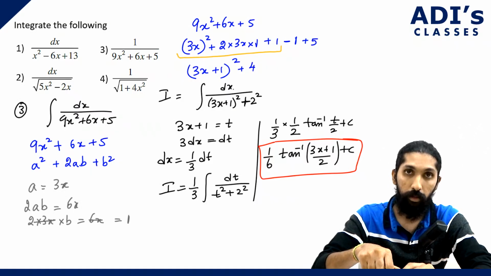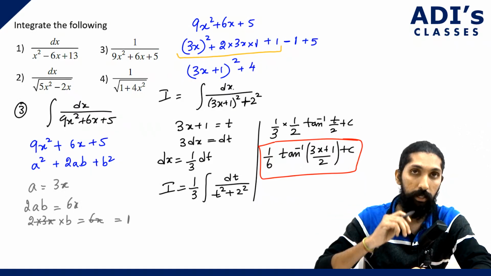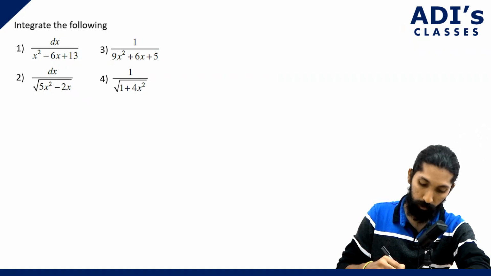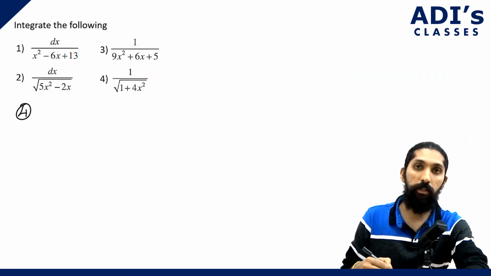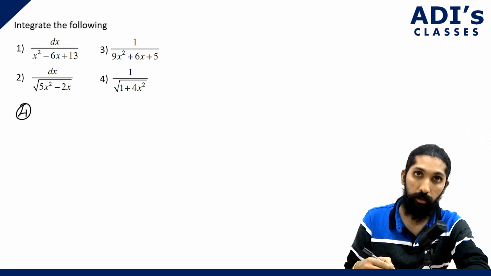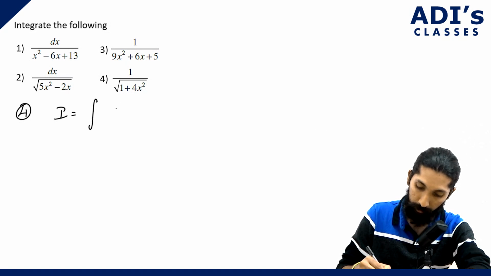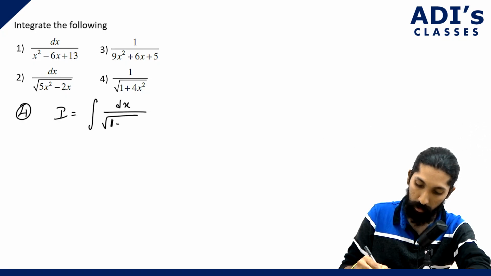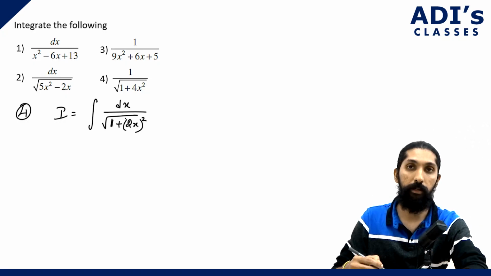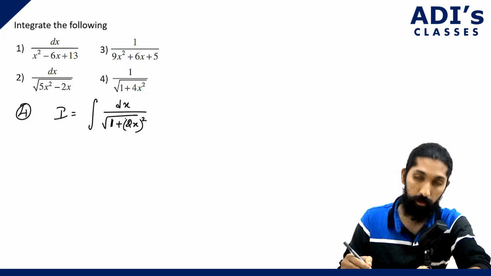Fair enough? Let's do the fourth one now, the last one. In the fourth one, it's actually the easiest of all the three because it's given to you in the whole square form. You don't have to convert into whole square, right? So you have I is equal to integral of dx over root of 1 plus 2x whole square, right? 2x whole square is 4x square.